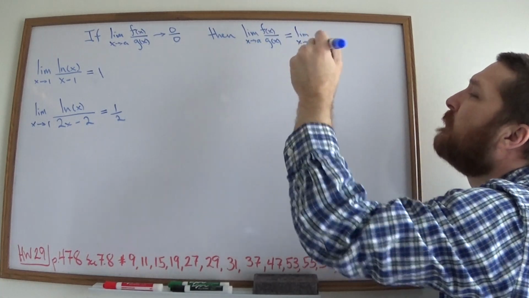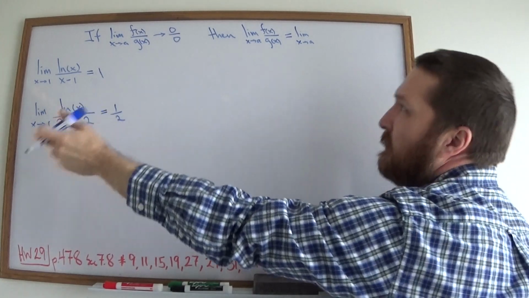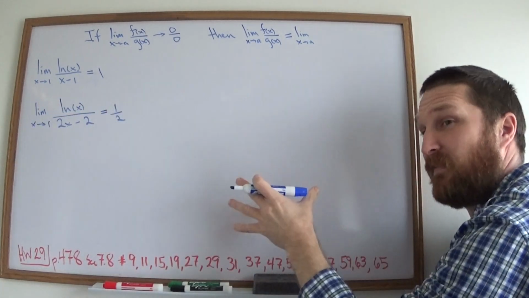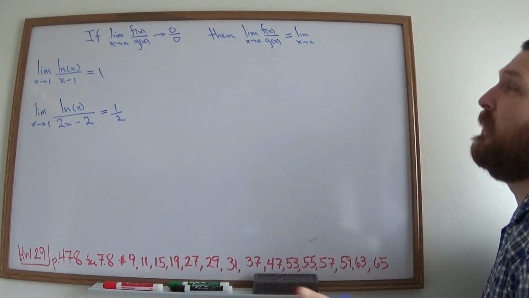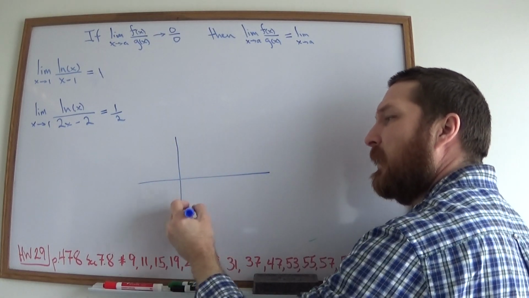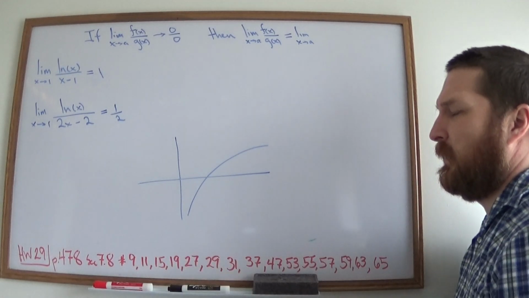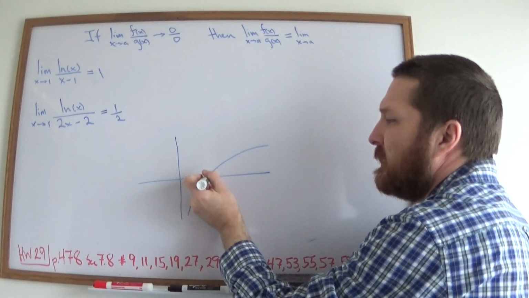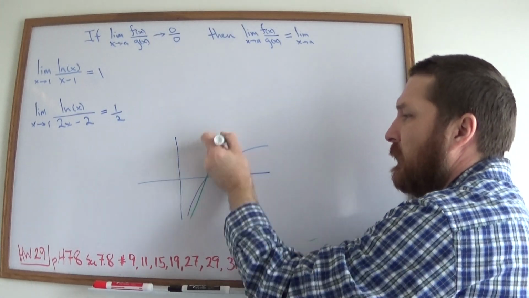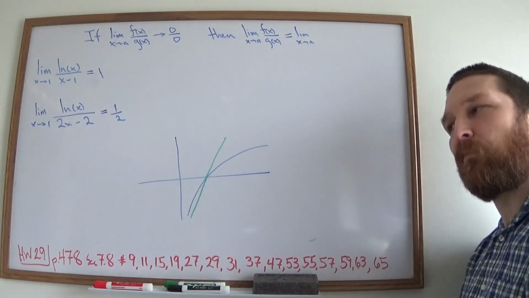nope, because was it 1 there? No. And that goes to 0 over 0. And like we said, with a derivative, it could be any number. What it goes to, if you notice what we did here, we had this guy, and let's say in the second case we had this guy. It had something to do with the slope, right?